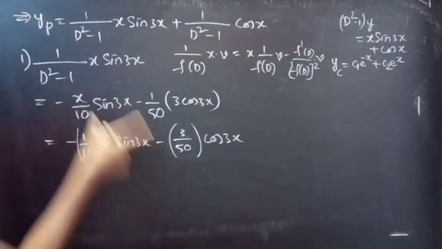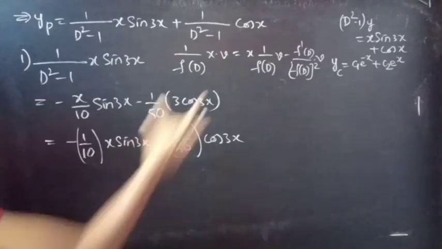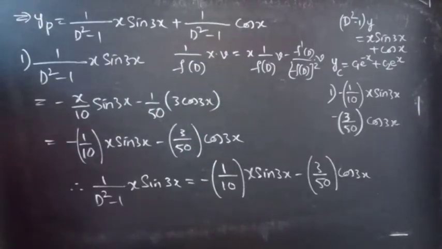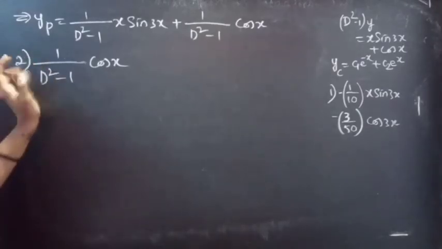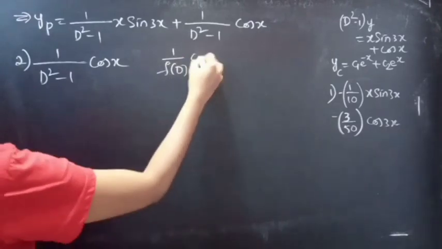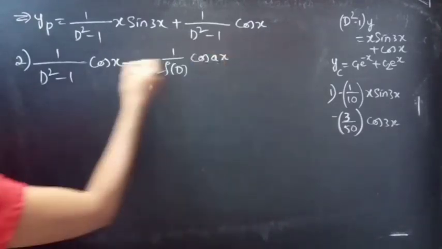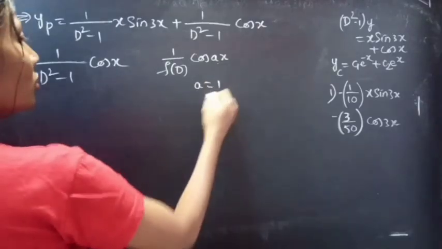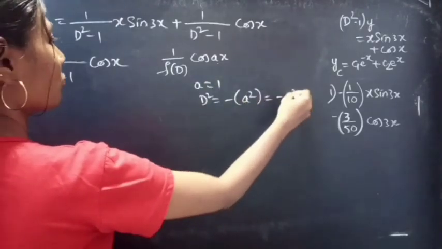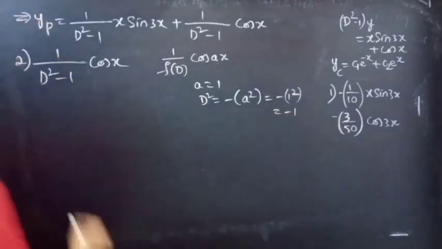So we got the result from the first term. Now let's go for the second term. The second term is of the form 1 by f of D into cos ax. Then for a equals 1, we'll find D square, which is given by minus of a square, equals minus of 1 square, which equals minus 1, right?